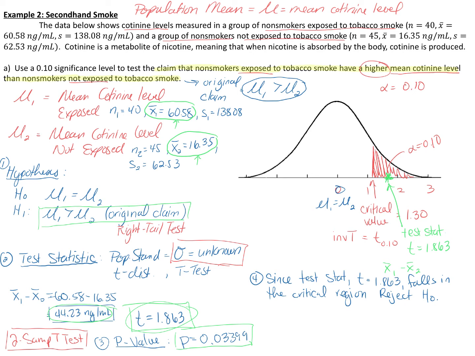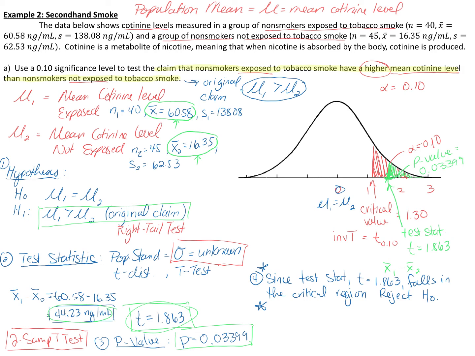Okay, if you're using the p-value method to make a conclusion about the null hypothesis, then let me shade in the p-value. So back to this bell-shaped curve, what I'm shading in green here represents the p-value. So that's the probability of getting a difference that is at least as significant as the one that we see in our sample data. So that's approximately 0.03399 or approximately 3.399%.